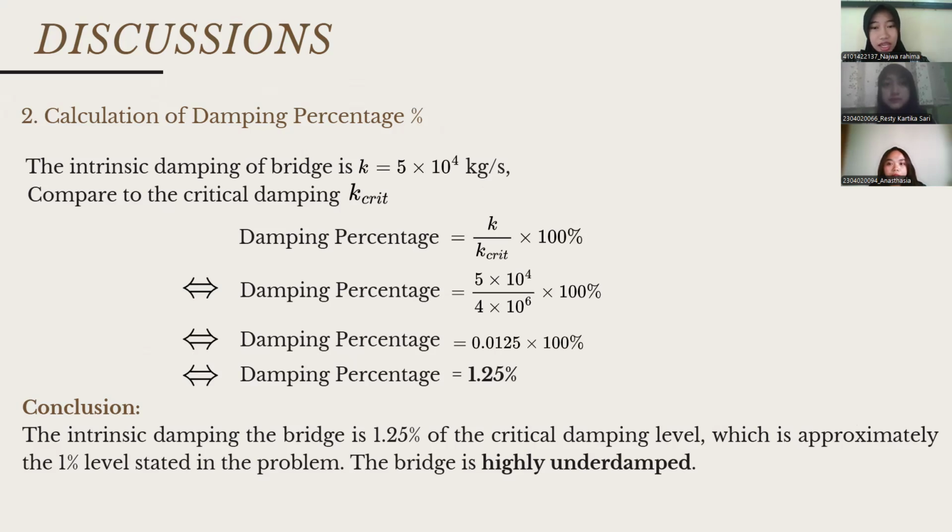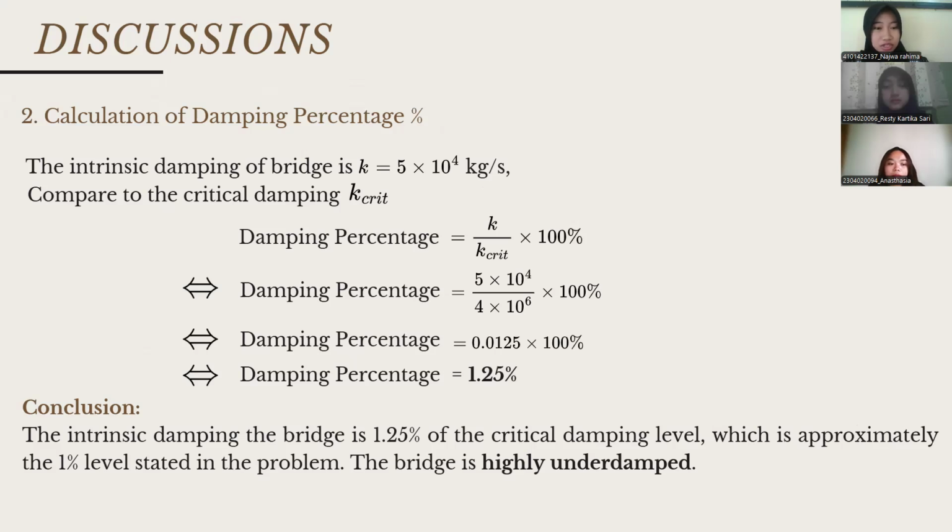We substitute K equal to 5 times 10 to the power 4 and K critical equal to 4 times 10 to the power 6. We calculate the damping percentage: 0.0125 times 100%, so the damping percentage is equal to 1.25%.